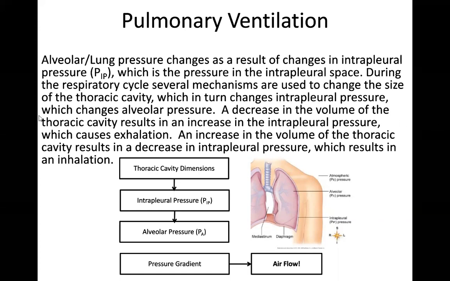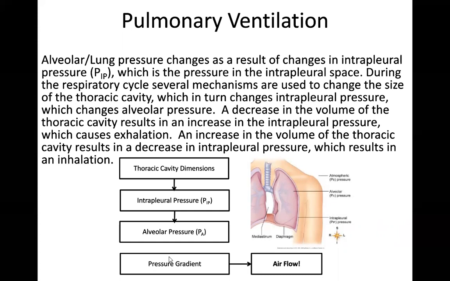If you decrease volume of the thoracic cavity, meaning this space goes down, pressure goes up in that intrapleural space, and that's what causes us to exhale. Whereas an increase in volume, pressure goes down in the intrapleural space and in the lungs, resulting in inhalation.